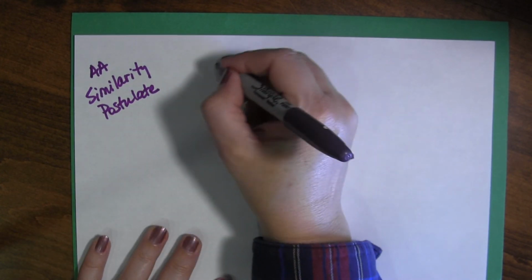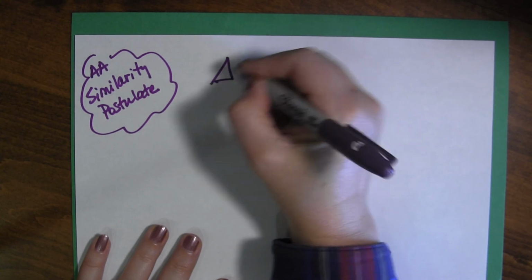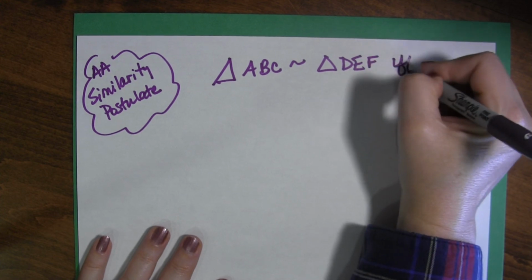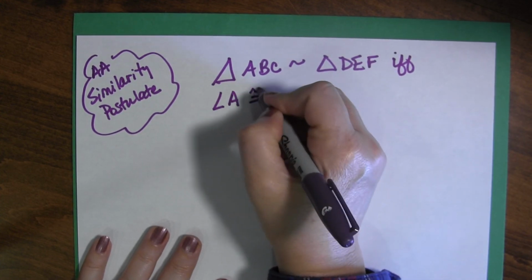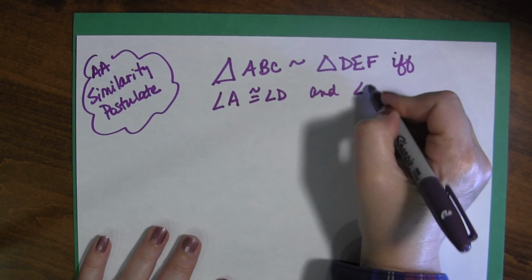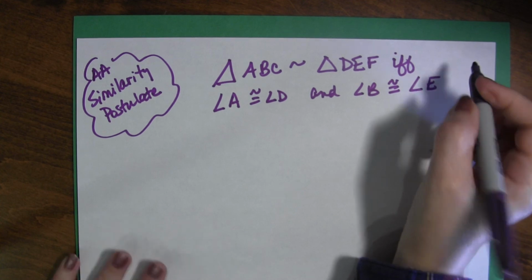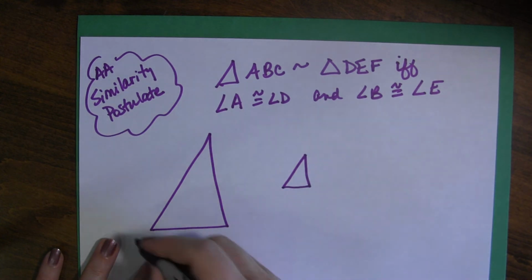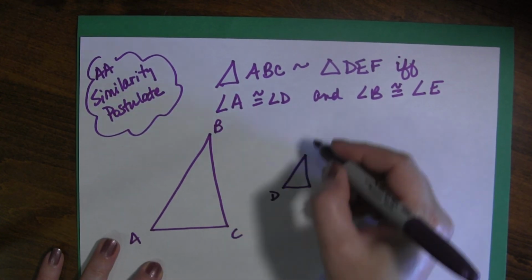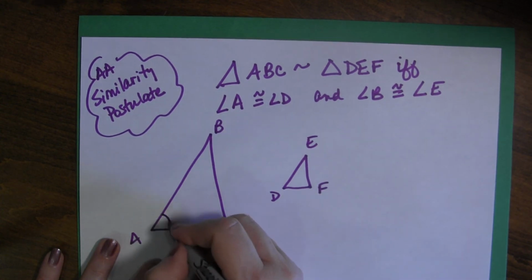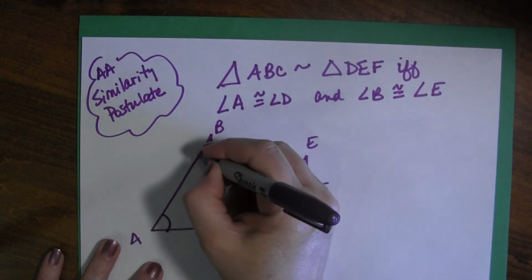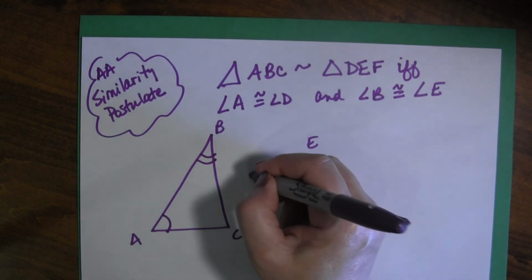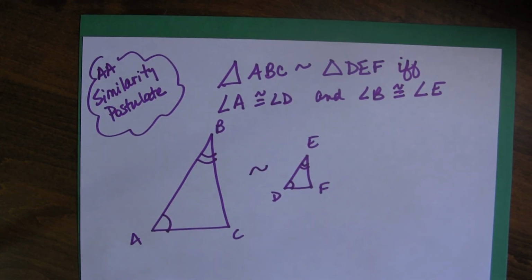And it says this: triangle ABC is similar to triangle DEF if and only if angle A is congruent to angle D and angle B is congruent to angle E. So if I had A, B, C, D, E, F, and I could prove that A is congruent to D and B is congruent to E, then I know that these two triangles are similar to each other.